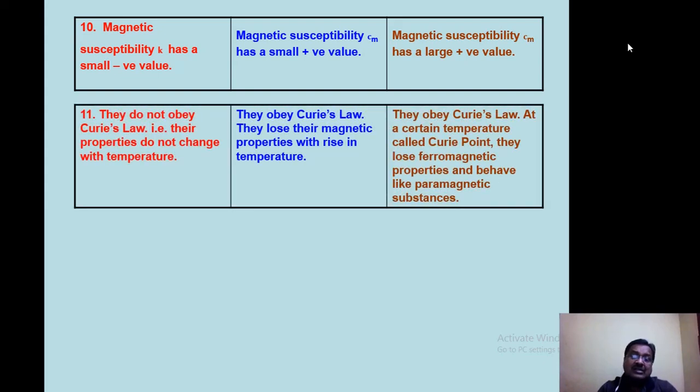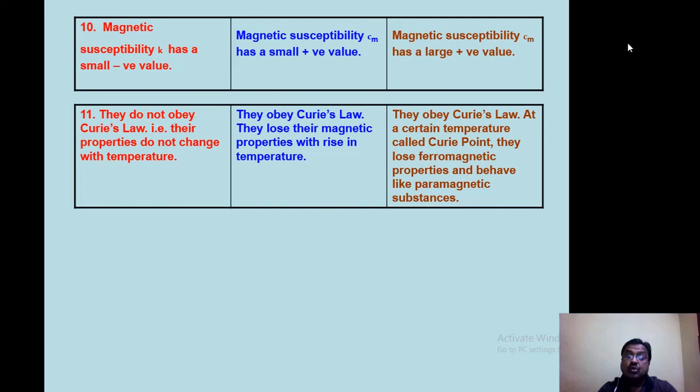The last but not the least property: diamagnetic substance does not obey Curie's law. It is independent of temperature. Diamagnetic behavior does not change with temperature, but it is not so for paramagnetic substance.